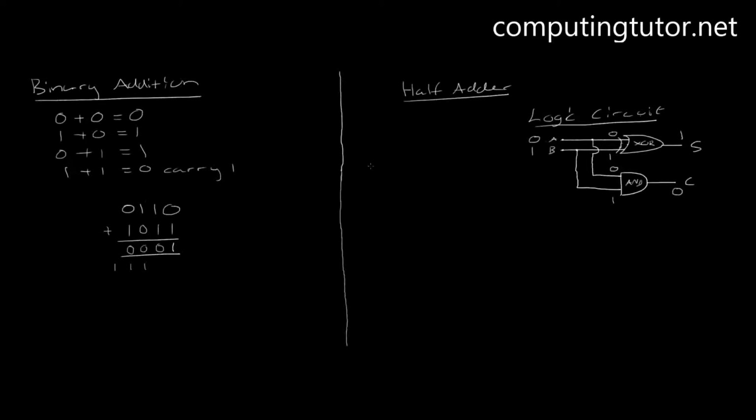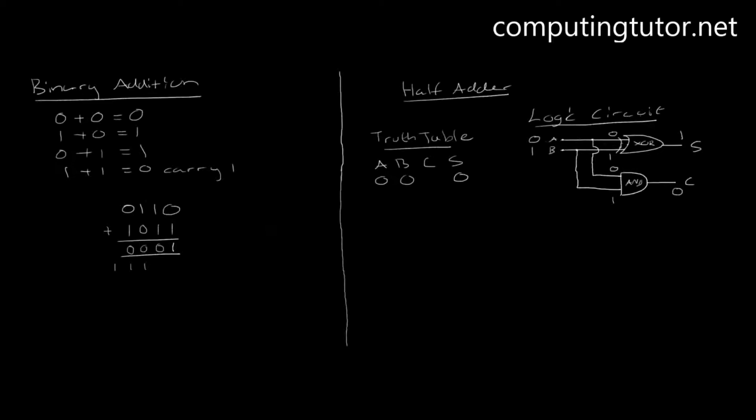So let's look a bit at the truth table for a half adder then. We've got two inputs A and B, and we've got two outputs C and S. And if our inputs A and B are 0 and 0, our sum output here is going to be 0, because we're just using our rules of binary addition, 0 plus 0 equals 0.